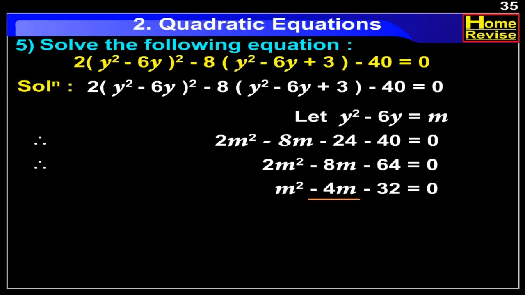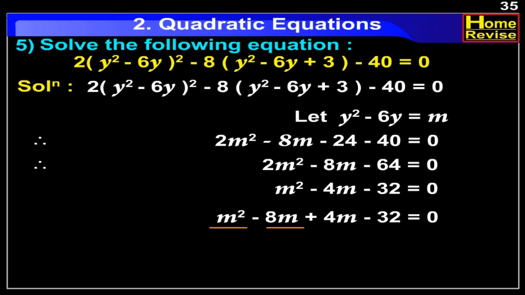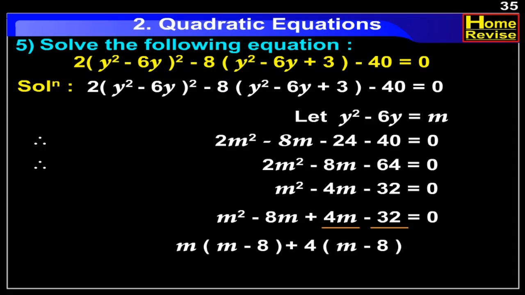Splitting the middle term, we get m² − 8m + 4m − 32 = 0. Taking out m common from the first two terms, we have m(m − 8), and taking out plus 4 common from the next two terms, we have 4(m − 8) = 0.